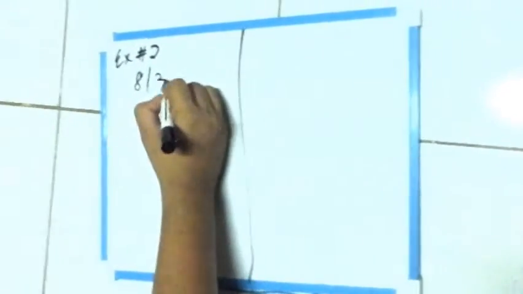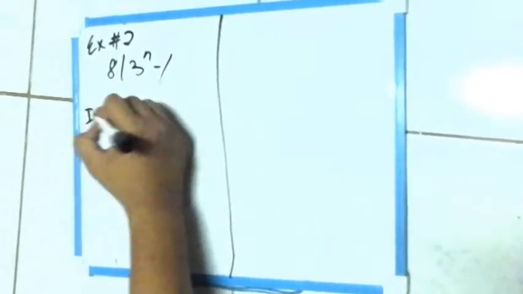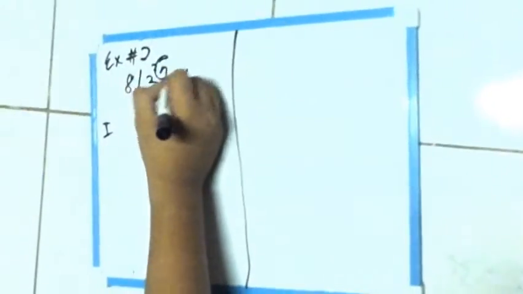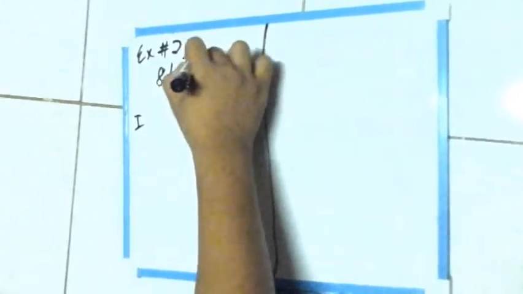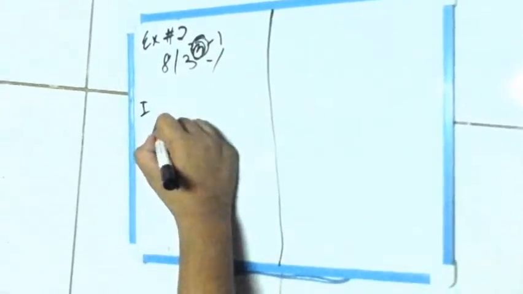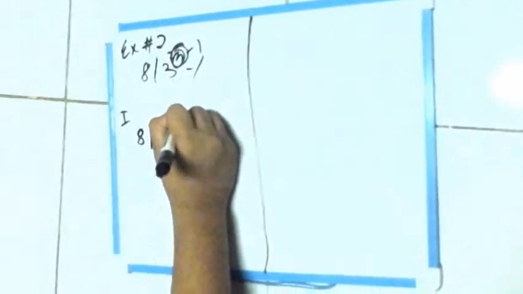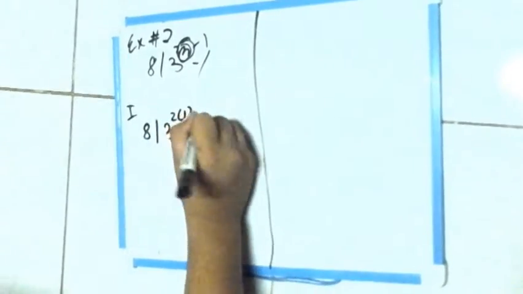And our given is 8 divisible by 3 raised to 2n minus 1. So also, just like the first example, we're going to use the three steps. First, verification. Let n be 1. So 8 divisible by 3 raised to 2 times 1 minus 1.